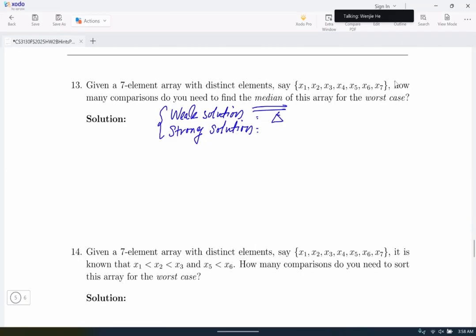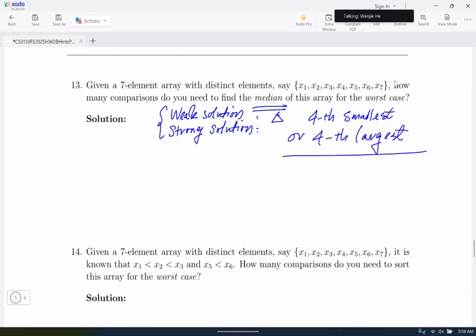So what is the median? In a 7-element array, the median is the fourth smallest or fourth largest.